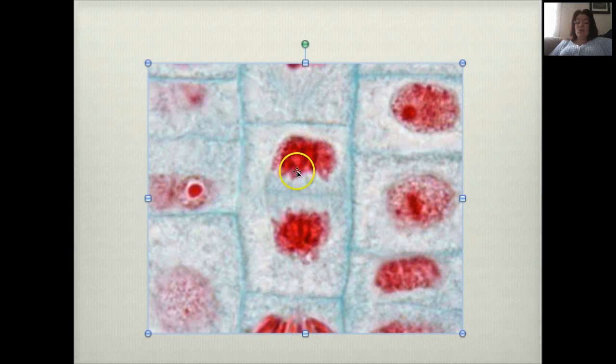Now the reason I wouldn't call this anaphase is because I'm starting to see a very circular shape to these chromosomes. Instead of seeing all those upside down V's, I'm seeing what looks like a new nuclear envelope forming. So I would call this a telophase cell.